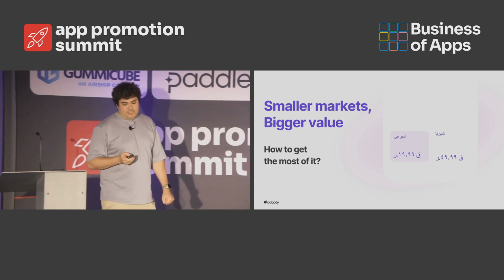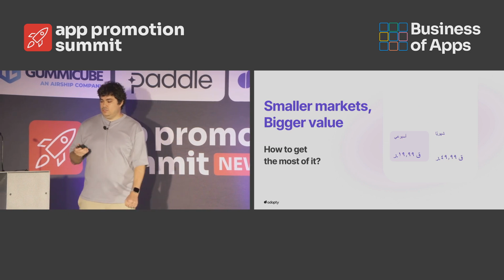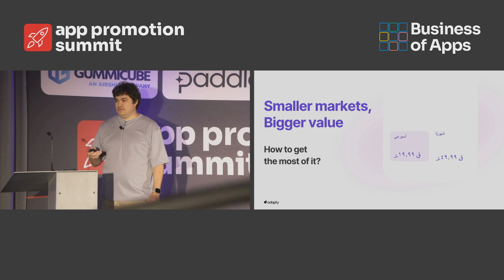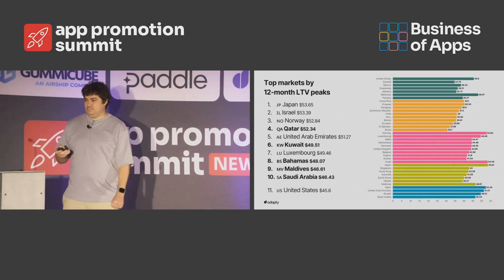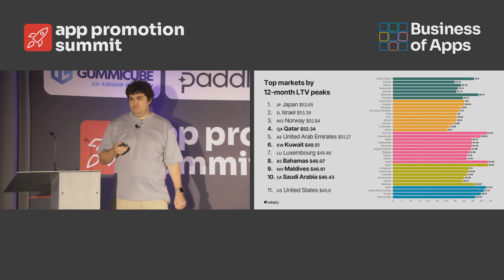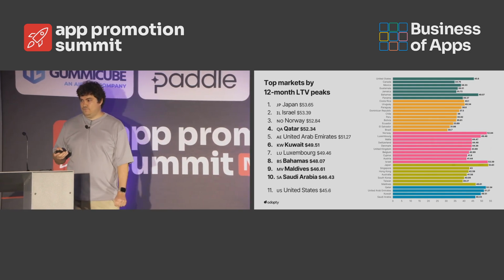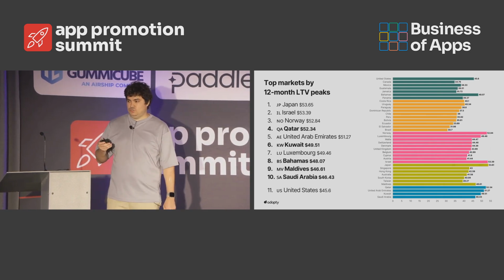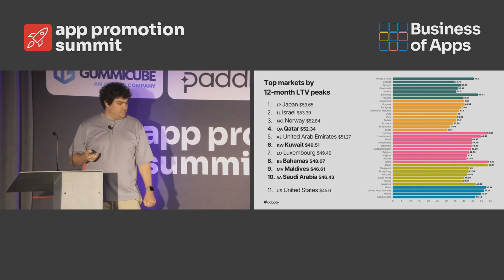Another opportunity that we see, and we see more and more bigger applications going this way, is investing more into smaller markets, because some of them can show higher LTV than the United States. The United States is still by far the most dominant country in mobile subscriptions, accounting for roughly half of all the revenue. But there are some countries, as you can see from this chart, that show higher LTV, and it is important to promote your application there.